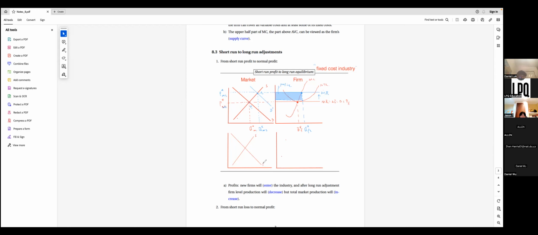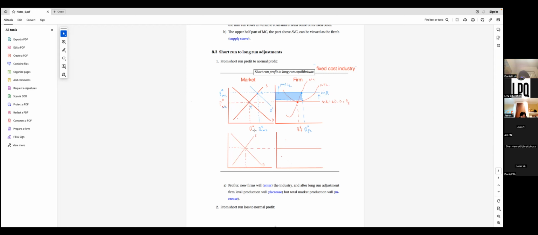So let's use our graph to finish the whole story. My question is, which curve this time should I change a little bit to reflect that a lot of new firms will enter into this industry?